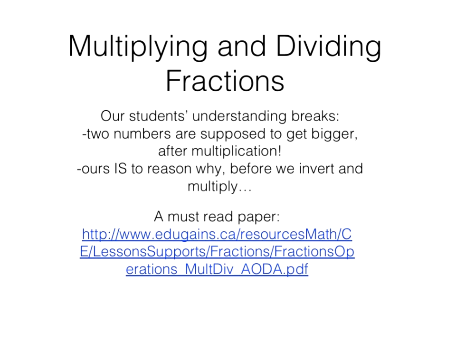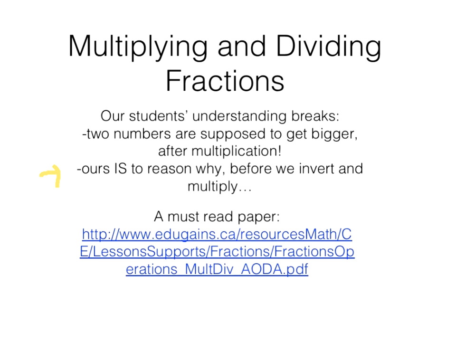Also, fraction division. Ours is to reason why before we invert and multiply. Typically that's given out as a trick. Yours is not to reason why, just invert and multiply. But we can actually give some sense behind that before we deploy it. And what's more, we can look at dividing, making sense of the operation.